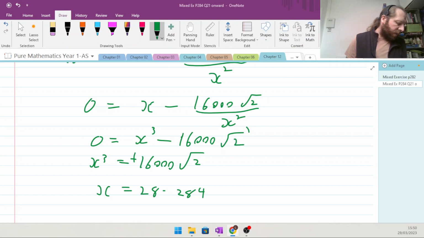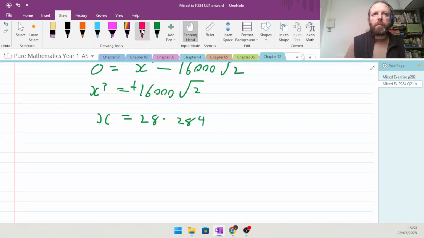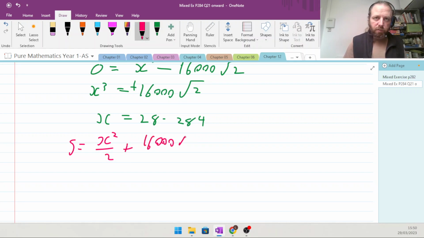Use calculus to find the minimum value of s. So we've got the value of x. What was the s formula? The s formula was, these things go on forever, x squared over 2 plus 16,000 root 2 over x.